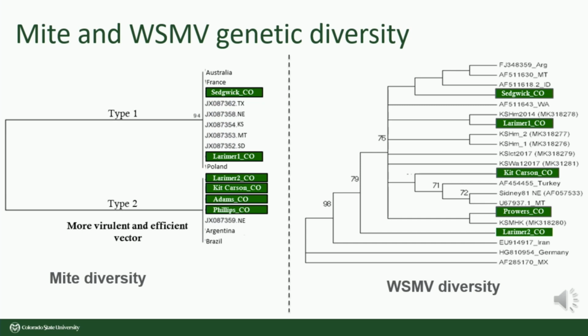Now, we don't know if our isolate breaks down resistance in WSM2, the current effective gene for resistance, but this is something we'd like to test. But the fact that we have this diversity in the wheat streak mosaic virus isolates makes breeding for durable resistance difficult because you have to account for these diverse strains of the virus.